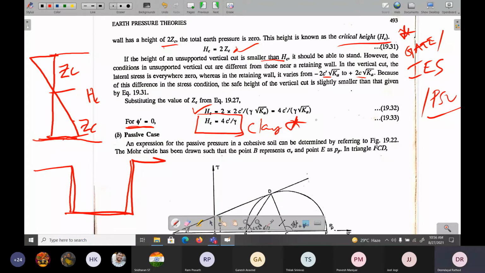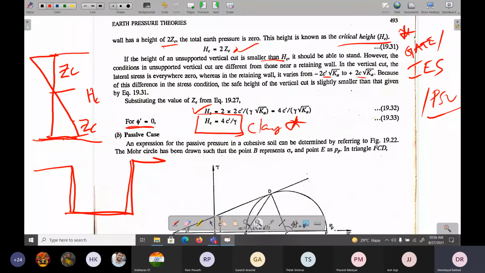If I give you the C value and the unit weight of the soil, you can find out the unsupported critical height of a soil. That's nothing but 2ZC. What is ZC? 2C by root gamma. Okay, so that is the story about the active case.